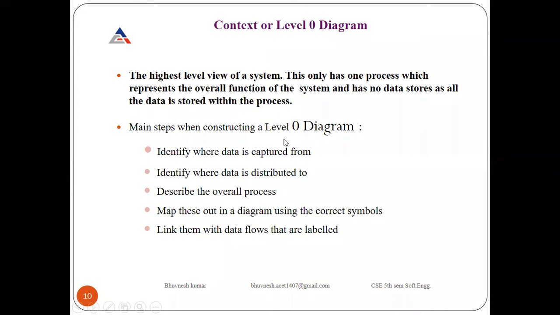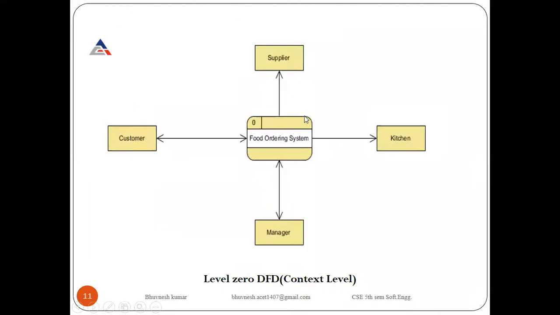That is why it is called level 0, and it is your highest level. Here is the diagram of your levels. This is your level 0 diagram or context level, this is your process, and these are the entities: customer, supplier, and kitchen manager.